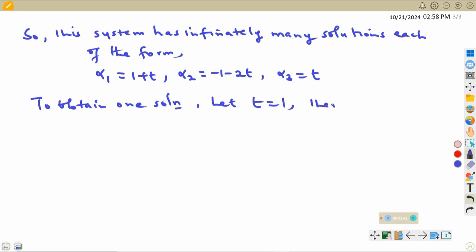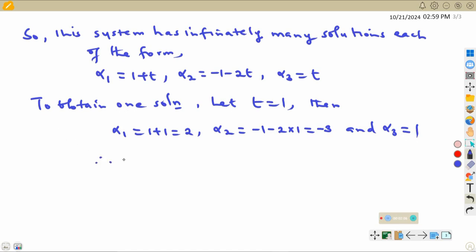And then it will imply that alpha 1 will be 1 plus 1, which is equal to 2. Alpha 2 is same as negative 1 minus 2 times 1, which is same as negative 3. And alpha 3 is same as 1.